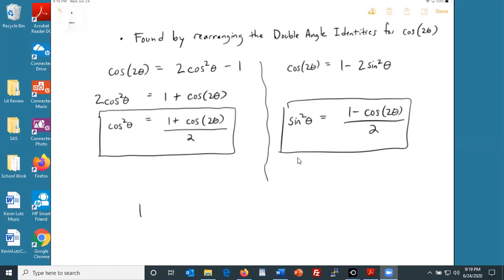All right, and then for tangent squared of theta, remember tangent is sine over cosine, but this is tangent squared, so it's sine squared over cosine squared.